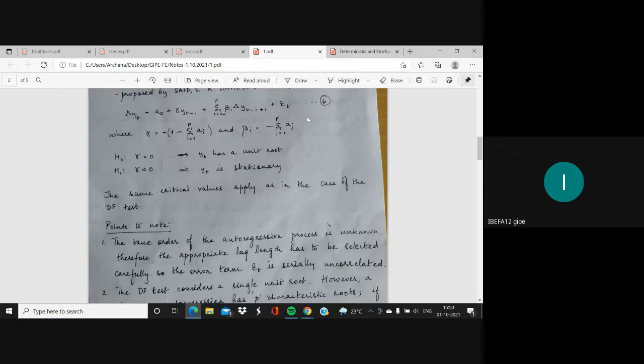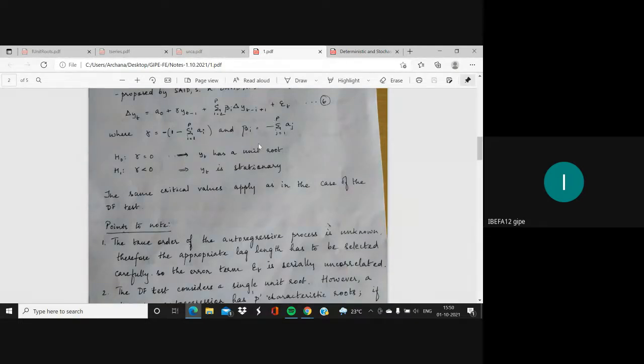Then, let's say you've included p lags of the dependent variable. If all those p lags are significant, then you can retain those p lags in your model and you can assume that your regression is correct. You have chosen the lag length correctly.